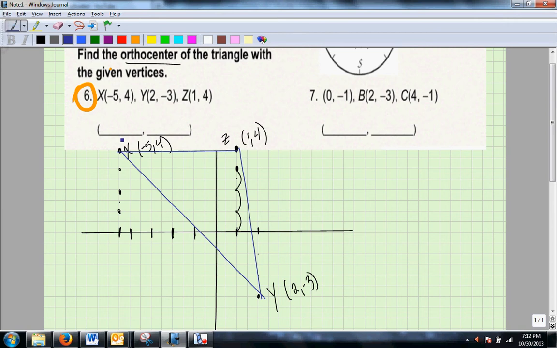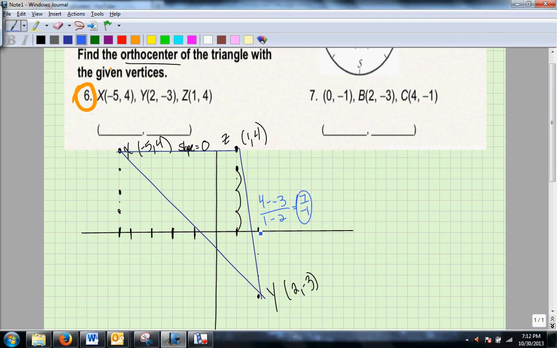So step one is you want to find the slope of all three altitudes. So we, of course, know the slope of this is 0. It's horizontal. The slope of this one, y minus y over x minus x, that's going to be 4 minus negative 3, and 1 minus 2. So the slope here is going to be 7 over negative 1.